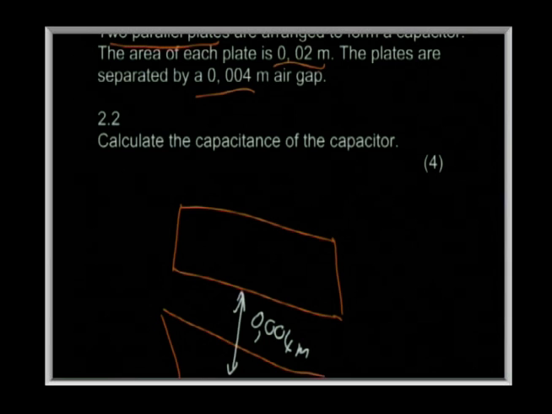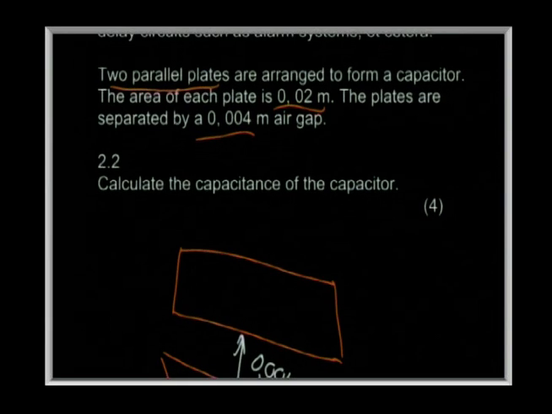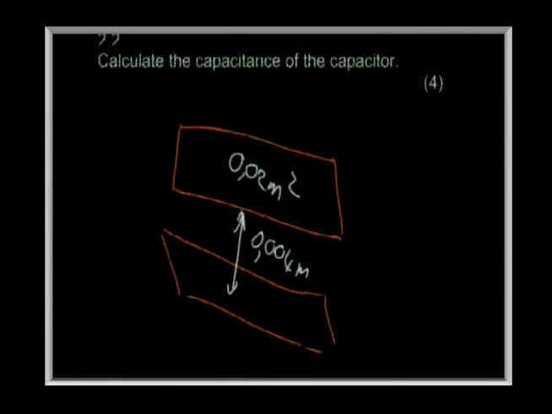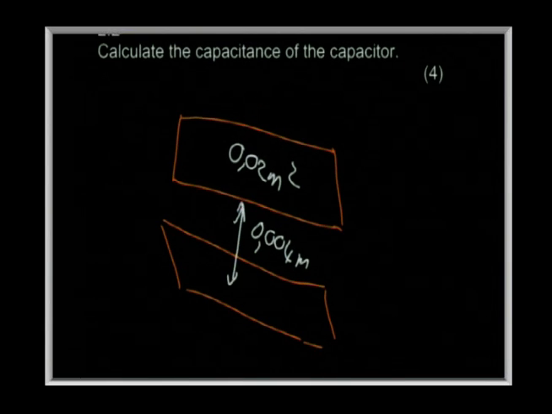Notice that is how much? 4 millimeters, another way of putting it. Now what we're told is the area of each plate, that should be squared, is 0,02 meters squared. Area is always squared, and we need to recognize that as the detail given.